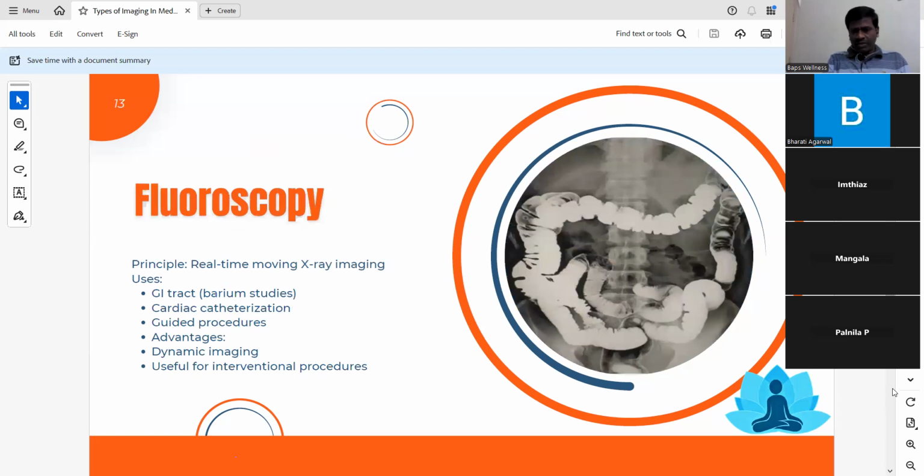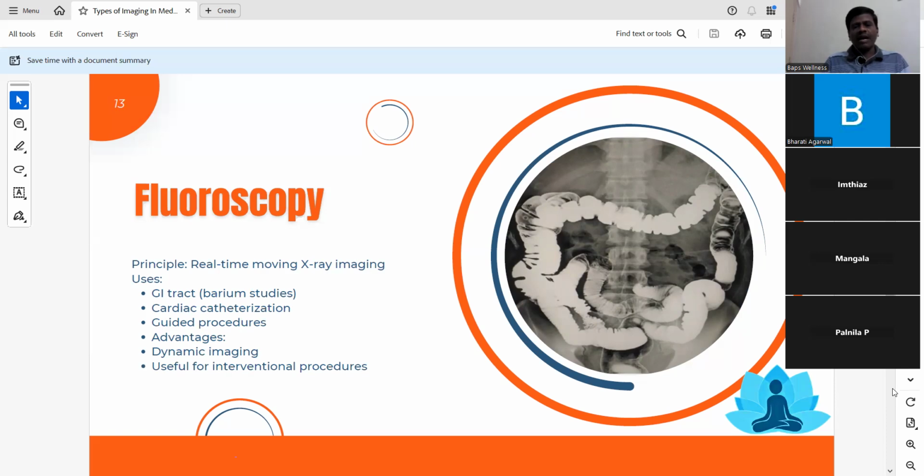And the next one, again a less commonly heard one, is fluoroscopy, wherein real-time moving X-ray imaging is done, often used with contrast agents, especially to study the GI tract, the barium studies.